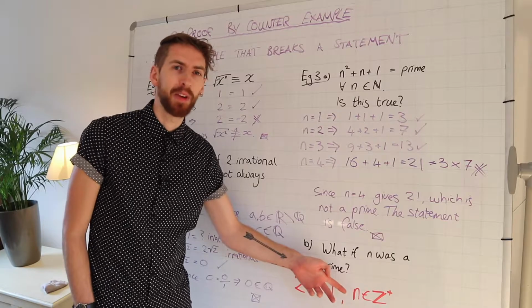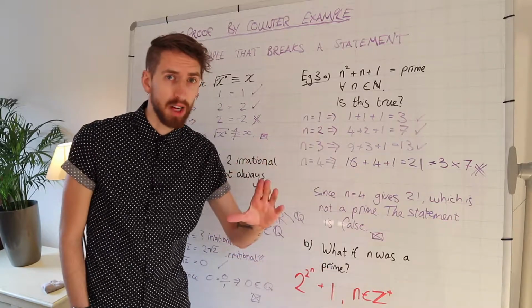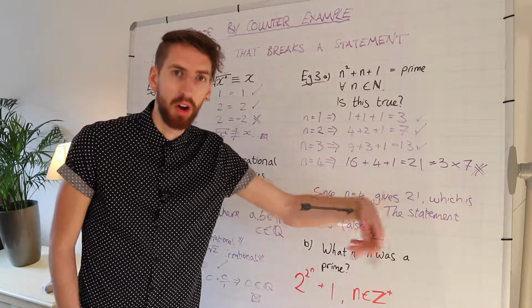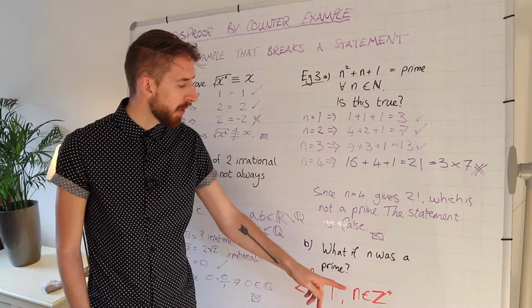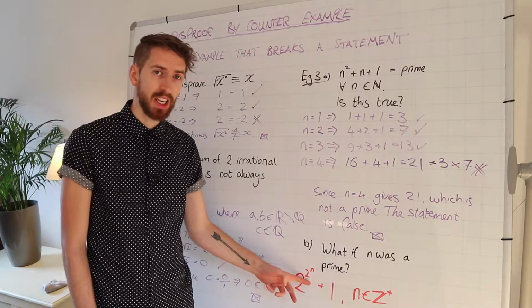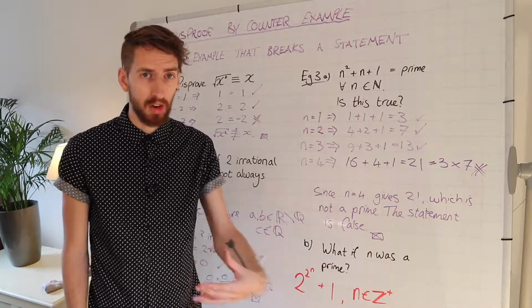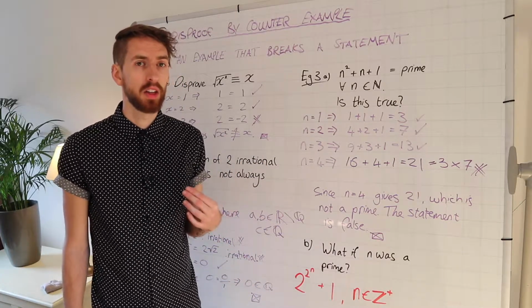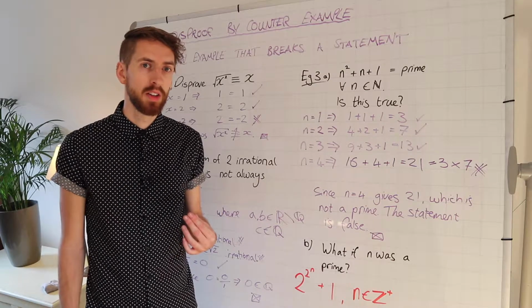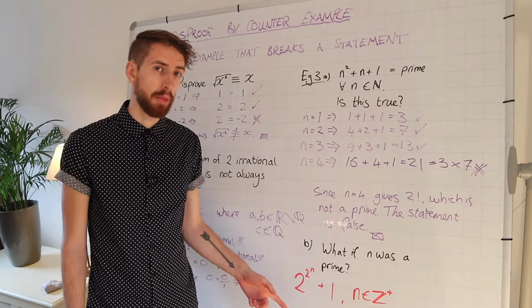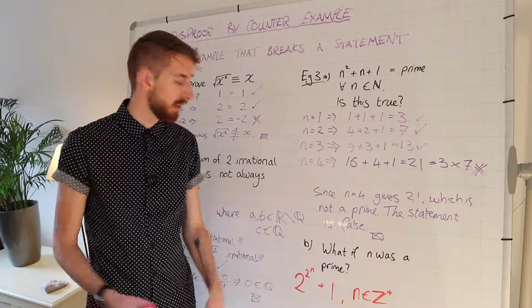So n is any positive integer, which is not 0, but it's 1, 2, 3, 4, and so on. Now, if you put any positive integer into here, Fermat said that should be a prime. Now, you can try it, and you can actually find a number for n which doesn't give a prime.